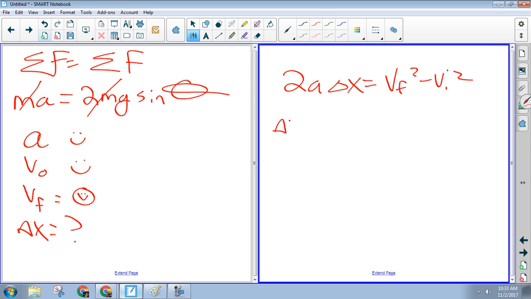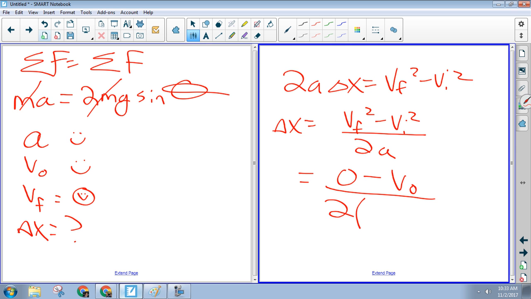Or delta x equals vf squared minus vi squared all over 2a. Let's plug in our numbers. vf is 0. vi is v naught, all over 2 times our acceleration, which is 2g sine theta.